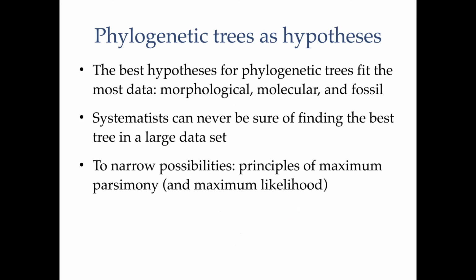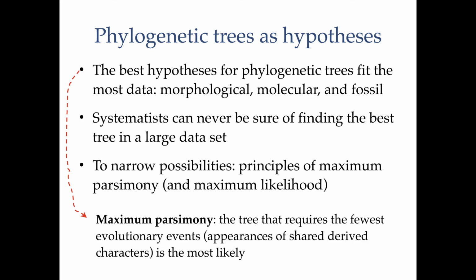We narrow down the possibilities using this principle of maximum parsimony, which assumes this laziness of evolution, that it's going to take the fewest events possible to explain the relationship of all the organisms. So with this, we actually finish what I have to review about phylogenetic trees with you.